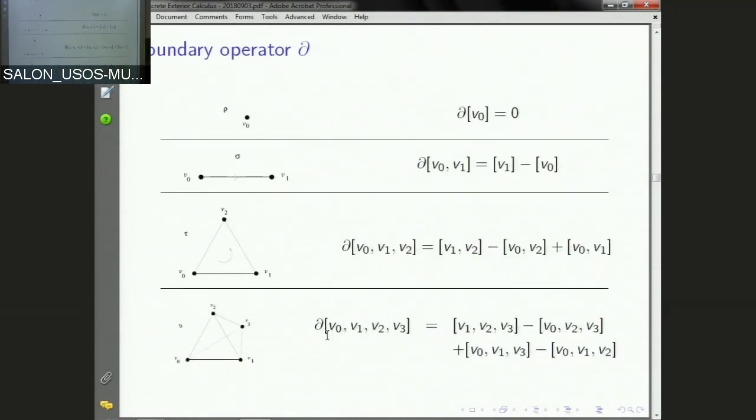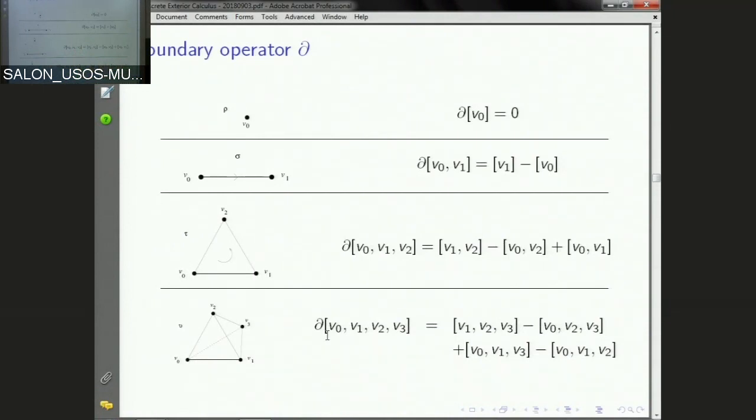We have a triangle with vertices V0, V1, and V2. In the slide, you will see that I put an arrow, kind of a circular-looking arrow, to show the orientation. So this orientation is encoded in the way I listed the vertices V0, V1, V2, first, second, and third.